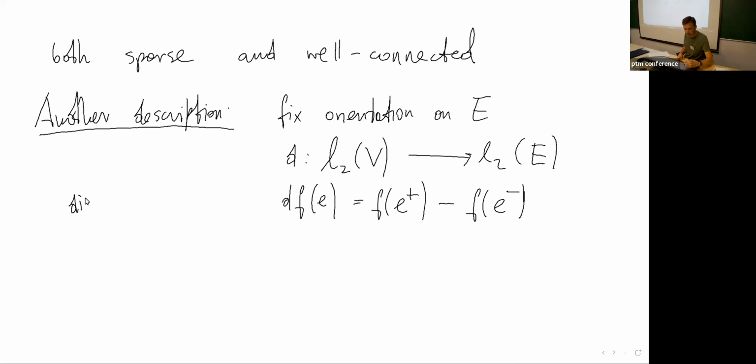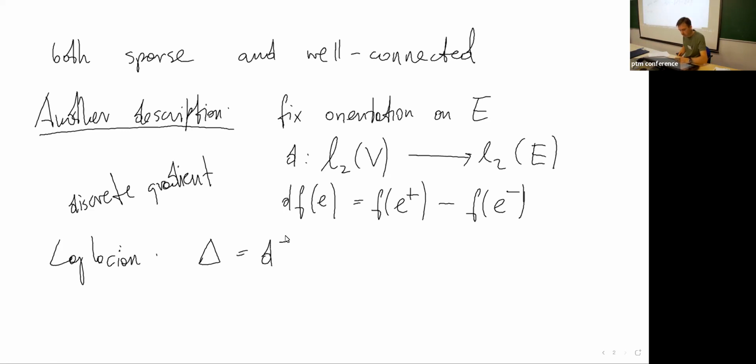So this is the discrete gradient. Depending on what your preferred point of view is, this could be the discrete gradient, this could be the codifferential. It's all of those things. And we can define the Laplacian, which is d star d. This is an operator on L2 of V.